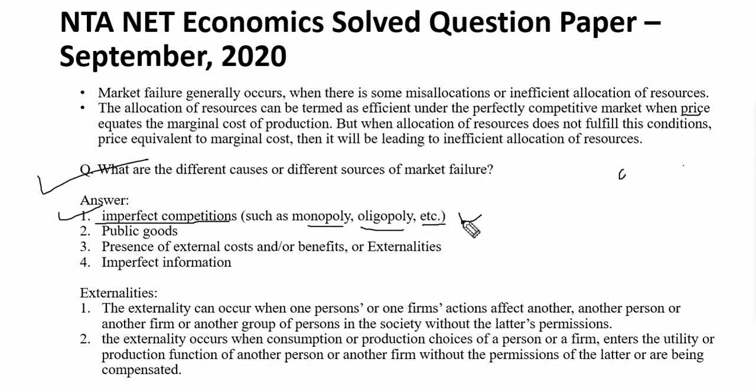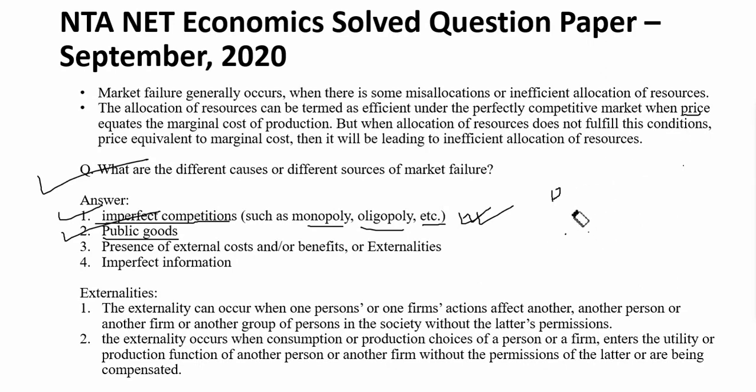It creates market failure because there is misallocation of resources as P is not equal to marginal cost of production. Secondly, due to the presence of public goods, there is market failure, as for public goods, pricing does not occur. So there is no market for public goods.